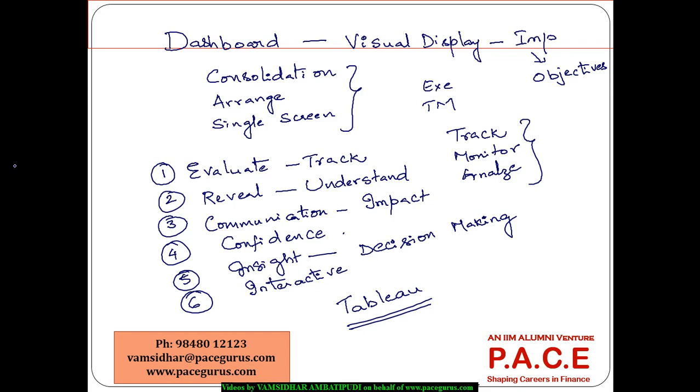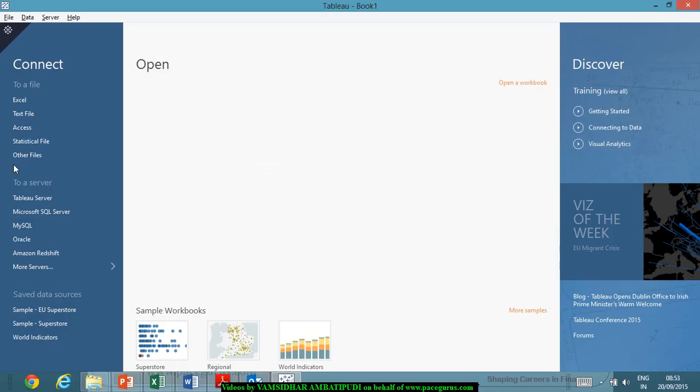Now, once you have installed Tableau and opened it, the interface looks more like this. You open your Tableau desktop, and this is how the getting started page comes up.